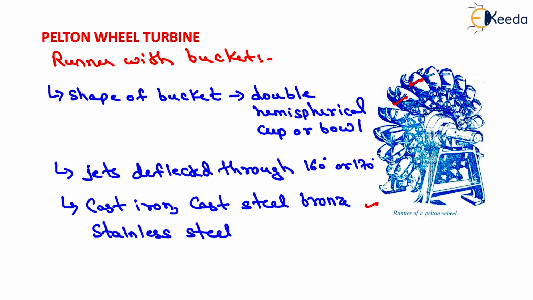Now we will move towards the third main part, that is, the casing. This figure shows a Pelton turbine with a casing. The function of a casing is to prevent the splashing of the water and to discharge water to the tail race.